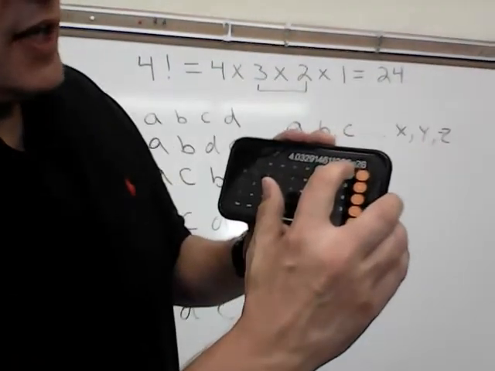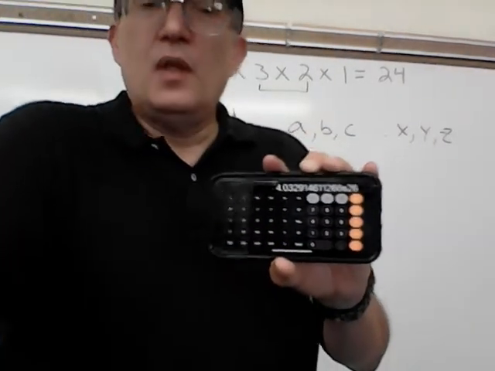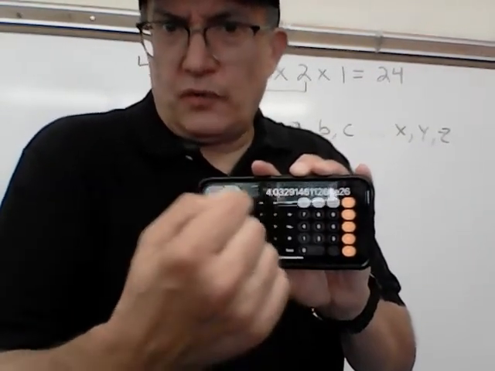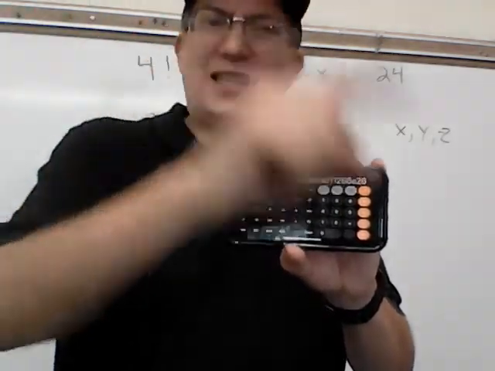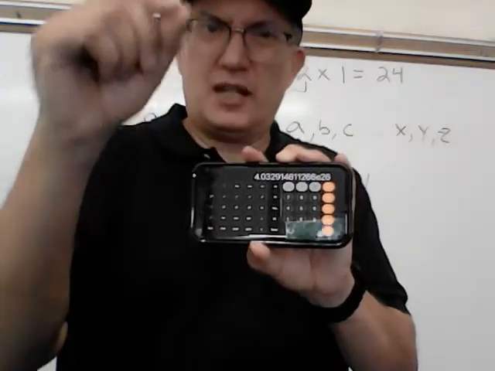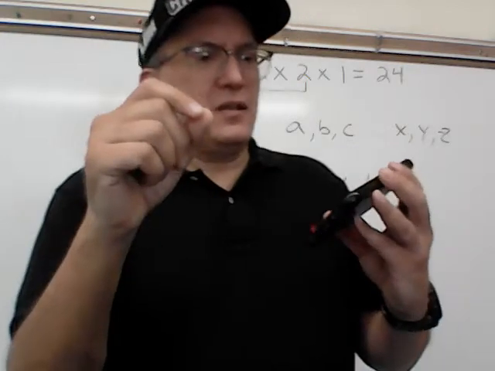But then there's this letter E here, which stands for exponent, and then a 26. What that means is it's a number that's a little more than 4, 4.03, times 10 to the 26th. That's what that E26 means. It stands for the exponent of a 10. So 4 times 10 to the 26th.